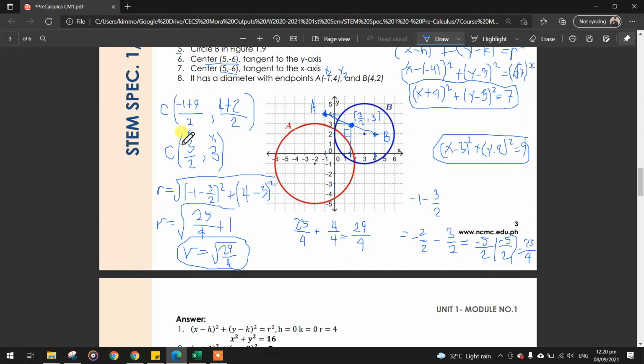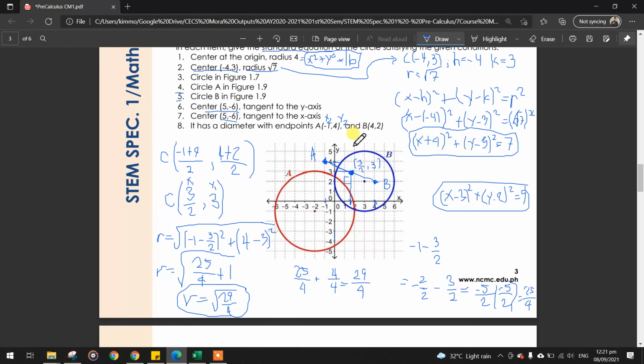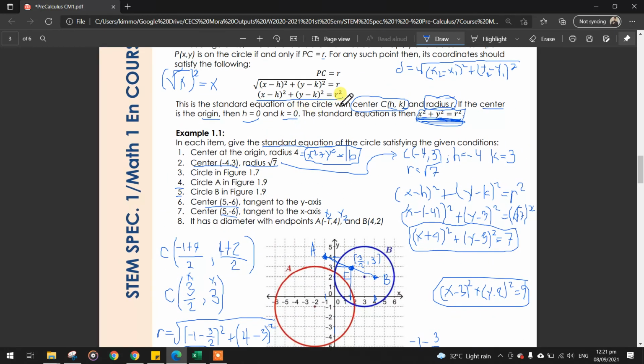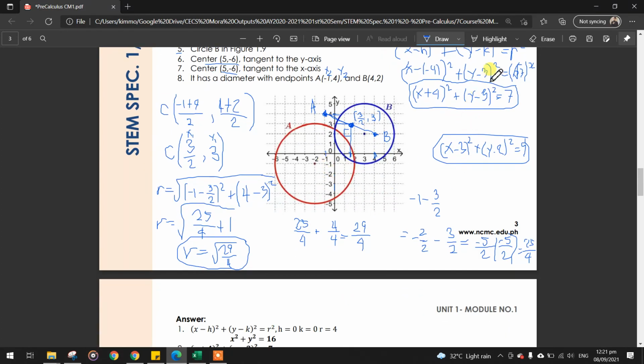Okay. So, now we have the center and the radius. So, we now substitute into the standard equation formula, which is x minus h. Okay. So, I will erase this one. Then, substitute. So, x minus h.